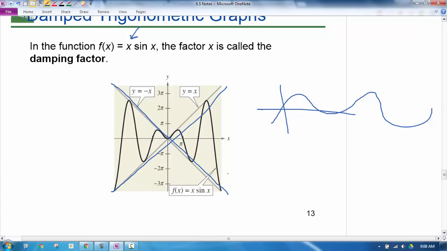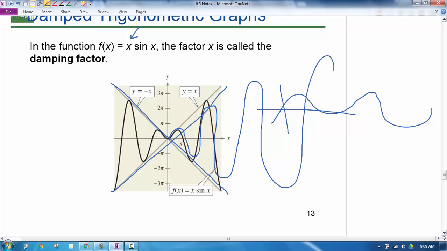And what that means is the amplitude's changing. So as I get bigger in x, the amplitude's getting bigger. So the sine function is going to start getting bigger. And if you go in the negative direction, the same thing. The amplitude's going to get bigger in the negative direction. So that's dampened oscillation. It's actually pretty straightforward.